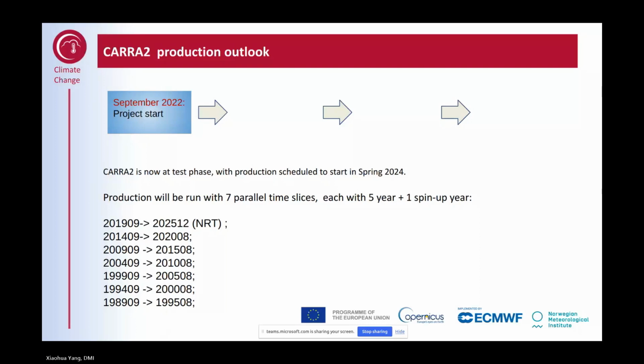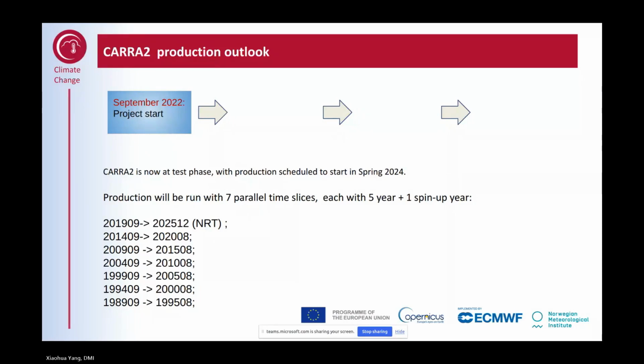And quickly, we are now in the phase of intensive development to get the system ready for CARRA 2 production, which is to start in the spring of 2024. As we have been doing in CARRA 1, we will be doing the production in multiple streams, divided into 7 streams, with the priority probably on the near real-time one starting from the late 2019 period.